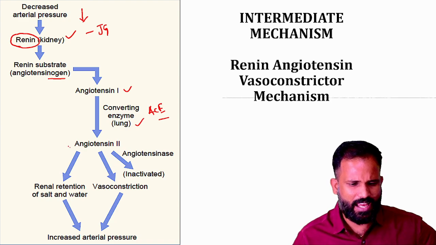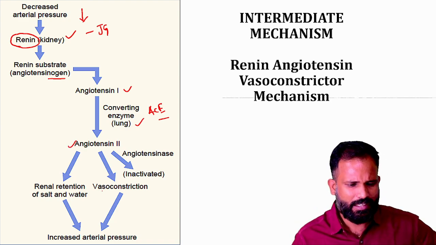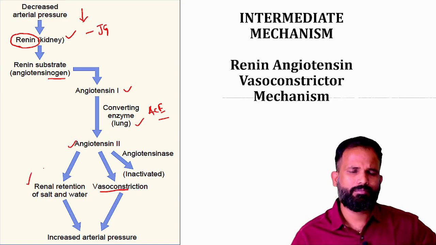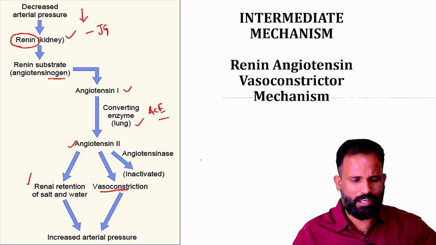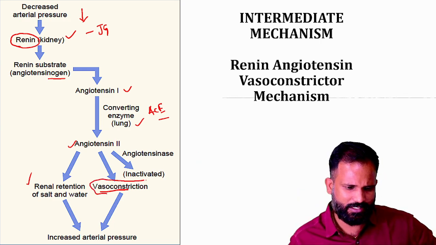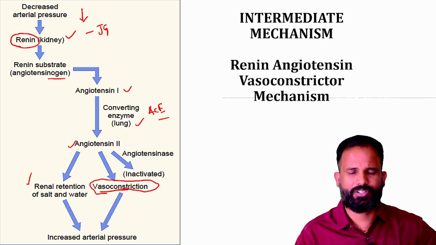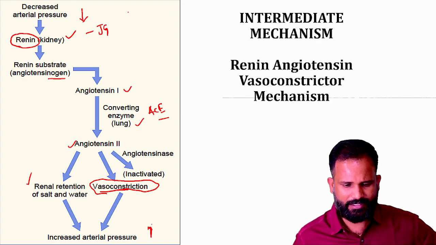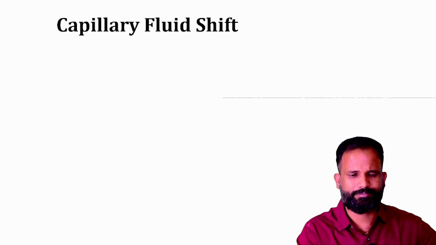So whenever this angiotensin 2 is on, it is the active form, it causes vasoconstriction, and also with the help of aldosterone, renal retention of salt and water. But our concern here is up to this mechanism, vasoconstriction, and that causes rise in blood pressure. So decreased, and the final thing is increased. Similarly, it prevents the fall in BP.